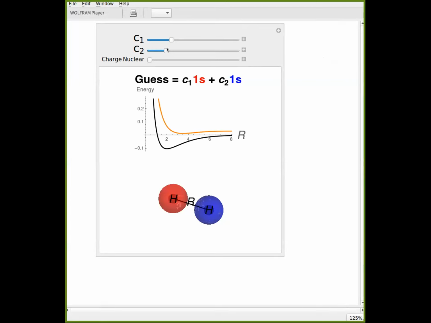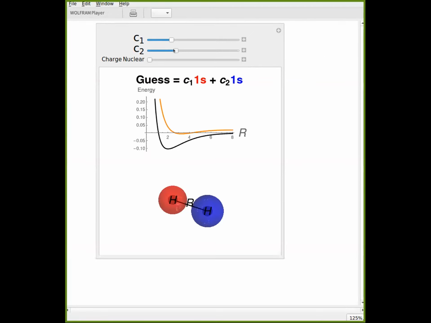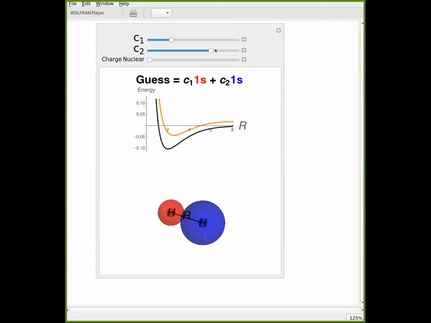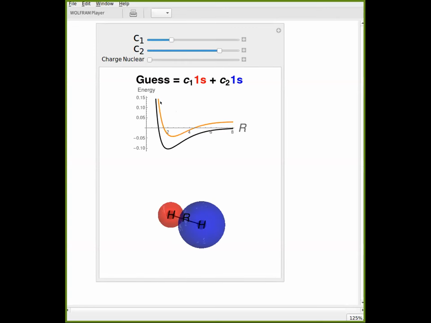But what I'm doing here in this simulation is that I'm now able to modify the values of each one of these coefficients, C1 and C2, the weighting, if you will, of the respective 1s orbitals on each one of the hydrogen atoms. And so I'm going to just pick one of these and move it around a little bit. And you can see by modifying C2, some interesting things are happening here.